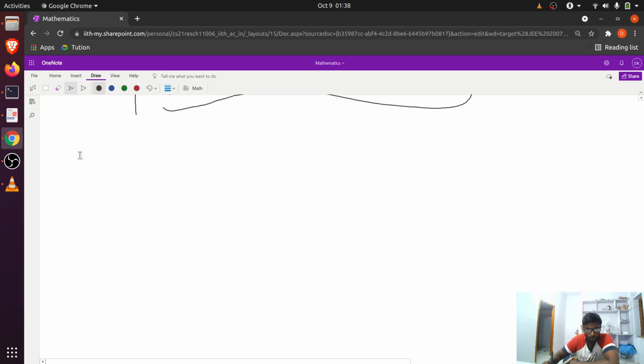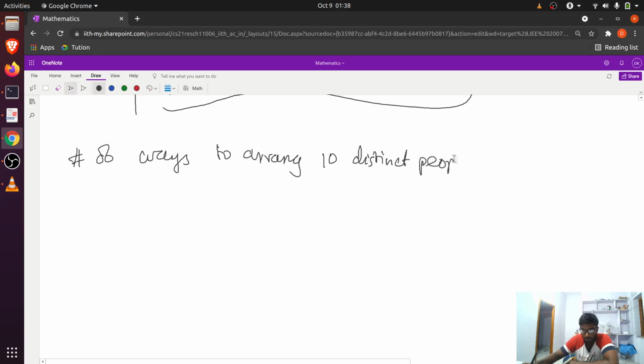So my question is the number of ways to arrange 10 distinct people in a circular table of 10 chairs. That would be nothing but 10 factorial divided by 10, which is 9 factorial.